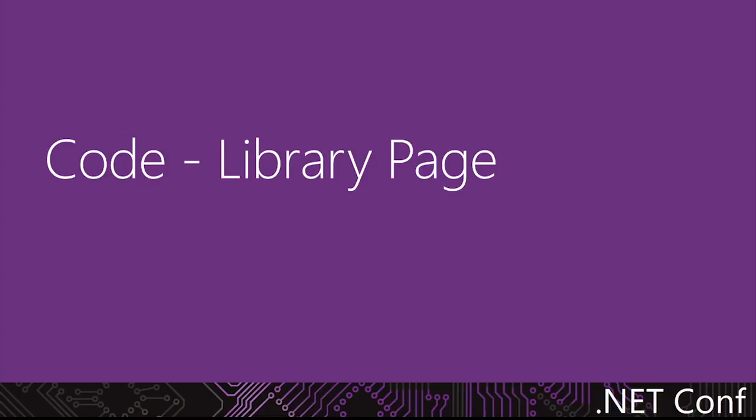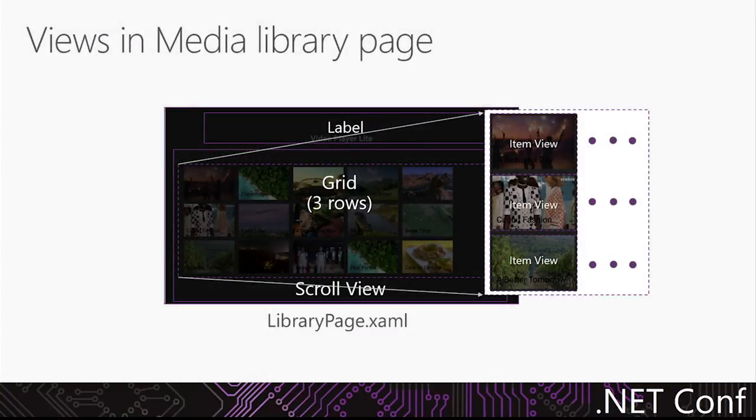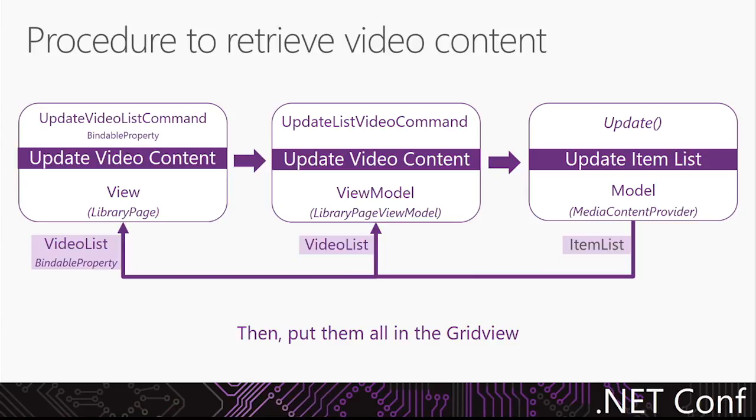Then let's look at the library page first. In the library page, there is a grid view, which is a typical one, and inside that there's an item view. What we're gonna do is that when the application launches, it will execute the update video list command from the view. Then the view model takes the command and executes update, which resides in the model.